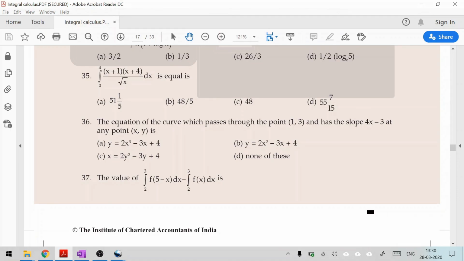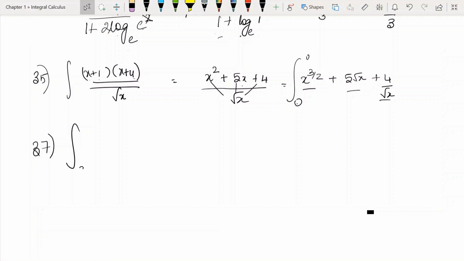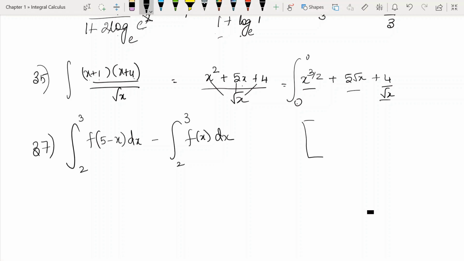Let's write it down. Integral 2 to 3 f of (5 minus x) dx minus integral 2 to 3 f of x dx. Okay, so now there is a property of definite integrals which we will apply here.